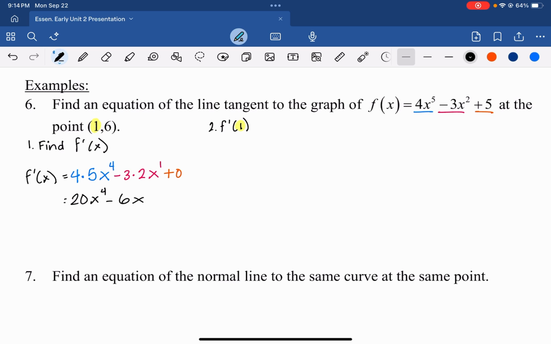Plugging 1 into our derivative, I do 20 times 1 to the 4th minus 6 times 1. 1 to the 4th is still 1, so that's 20, and 6 times 1 is 6. 20 minus 6 gives me 14. So this 14 is the slope of my tangent line.